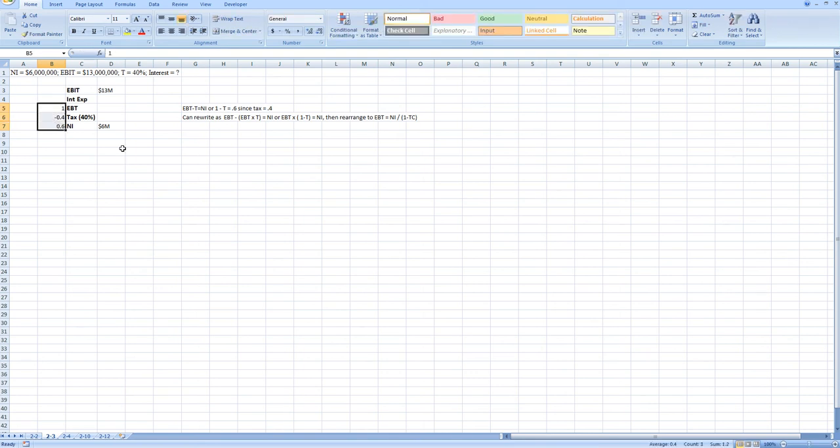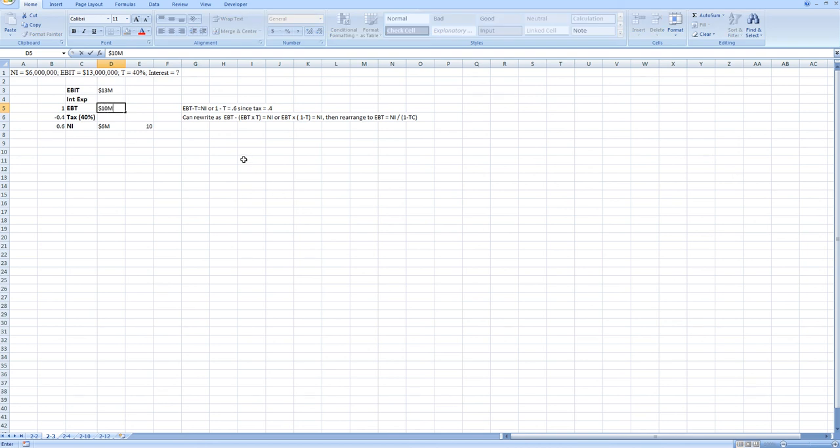Since this is the 0.6, we can simply say 6 divided by 0.6 is going to give us what our EBT was. So now we know that EBT is 10 million.